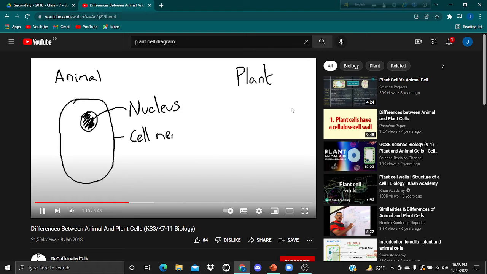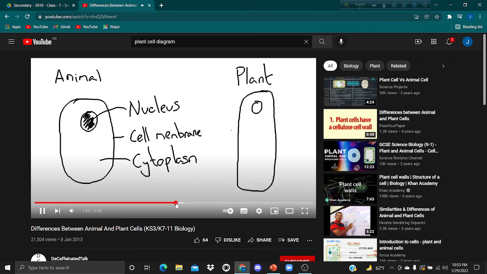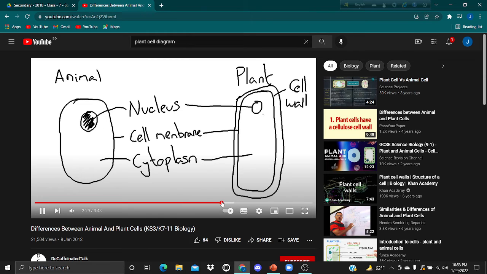Here we can see the nucleus in both of the cells. The cell membrane, this is called the cell wall and this is the cell membrane, and cytoplasm are common in the two cells.